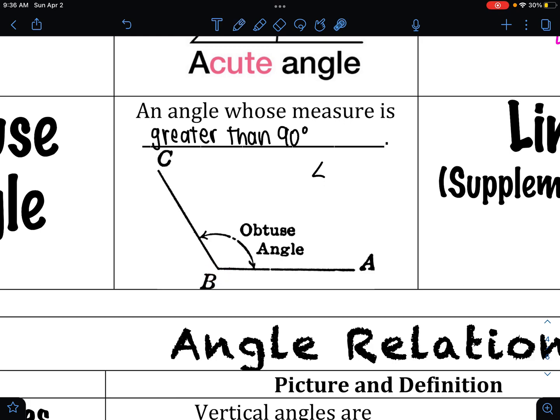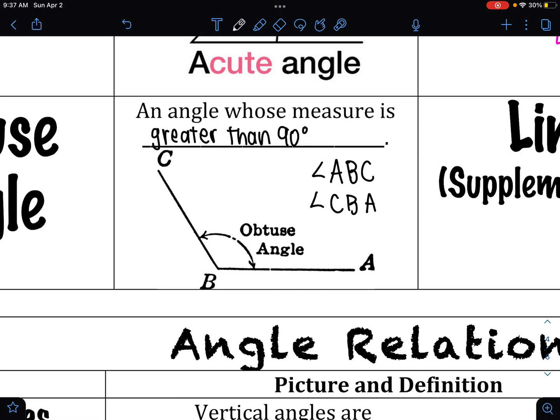This is a vertex, and then these are the ends of it. So one way to label that would be A, B, C for that obtuse angle. But we can also go the other way, so we can go from left to right and go C, B, A. That's another way we can label it.